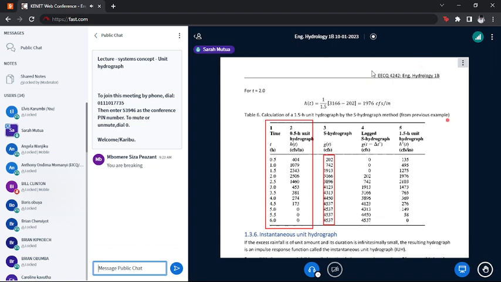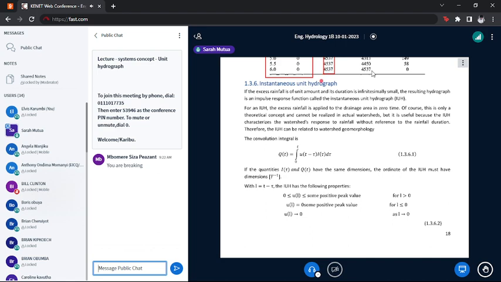And if the excess rainfall is of unit amount 1 and its duration is infinitesimally very small, then the resulting hydrograph is an impulse response function that we call the instantaneous unit hydrograph.